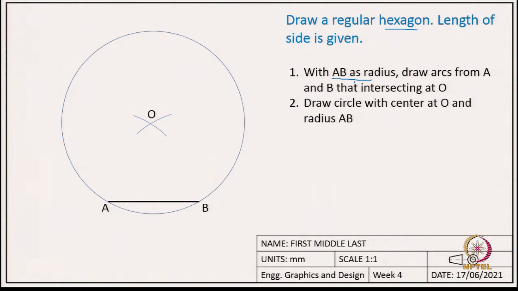So, after we get this circle, now we take this compass with distance AB and draw arcs.